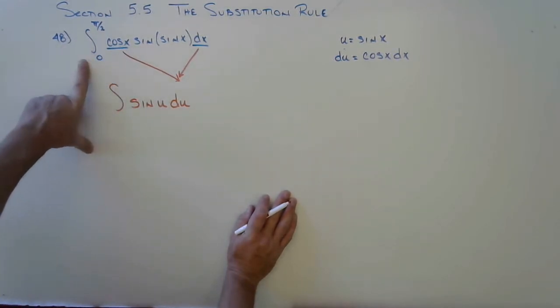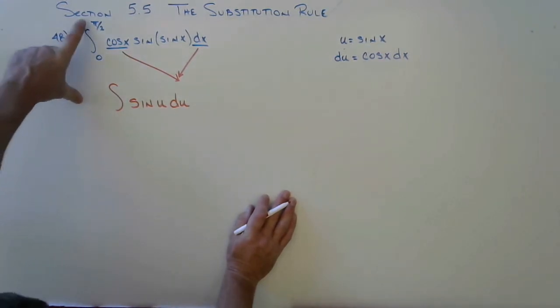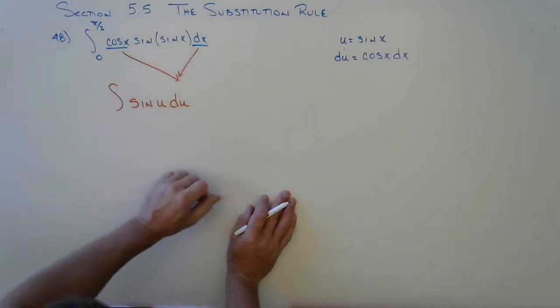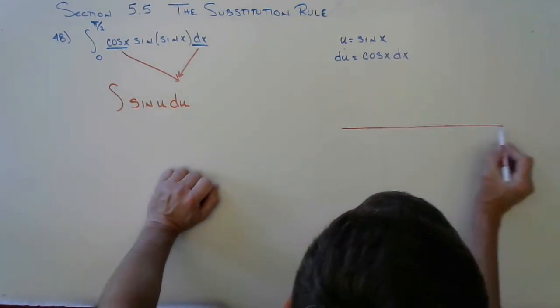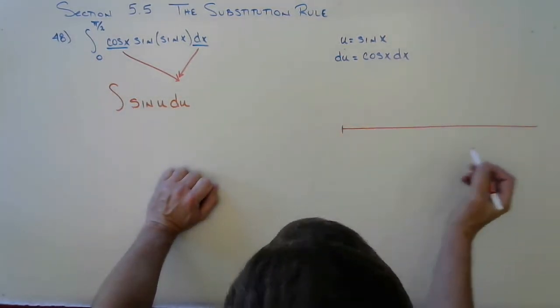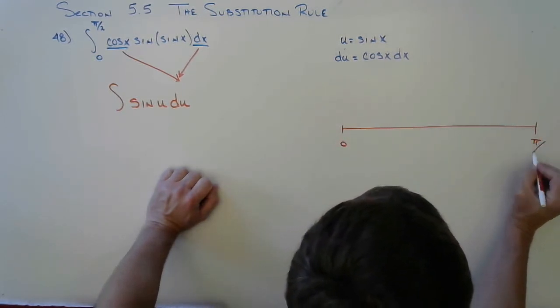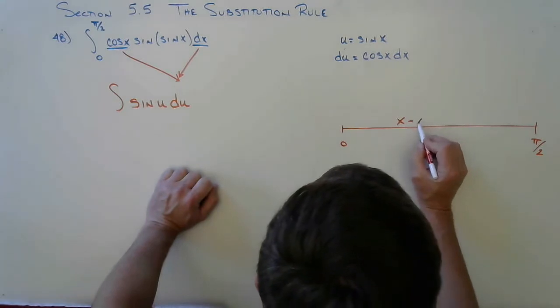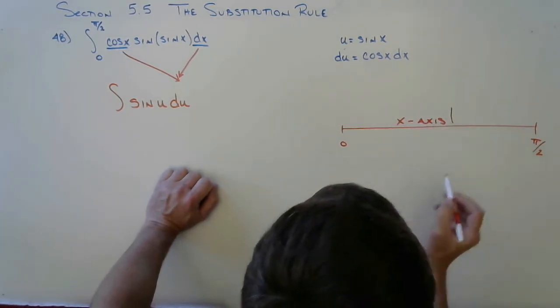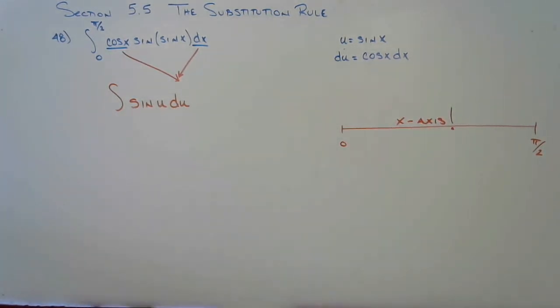This question asks me about a lower bound of x equals 0 and an upper bound of x equals pi over 2. We don't draw it, but somewhere on the x-axis, we're starting at 0, we're ending at pi over 2. This is the x-axis. That's not the u-axis.